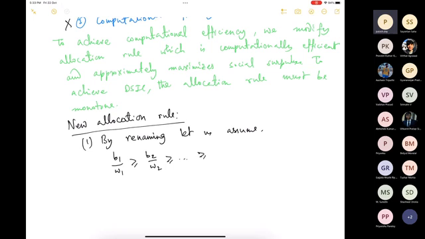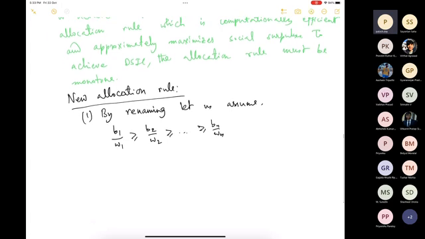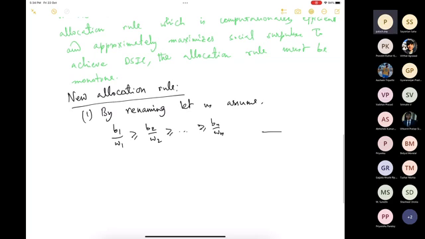So bid per unit weight, per unit size. So we are sorting and renaming the items like this. Now here are the sizes. Here is the first size W1. This is W1. This is W2.